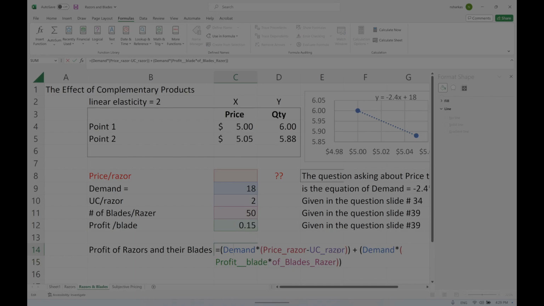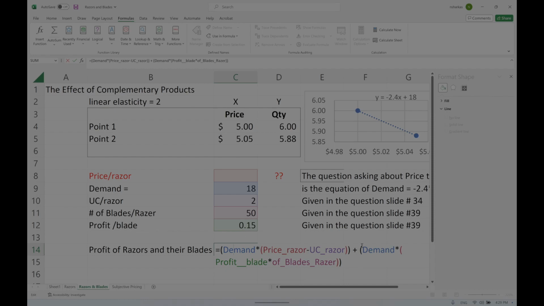So again, this term is the same exact thing as in the previous sheet or the previous video. And now we have demand times profit earned per one blade times, as each razor is associated with an average number of blades, 50, and each blade is returning 0.15 in profits.